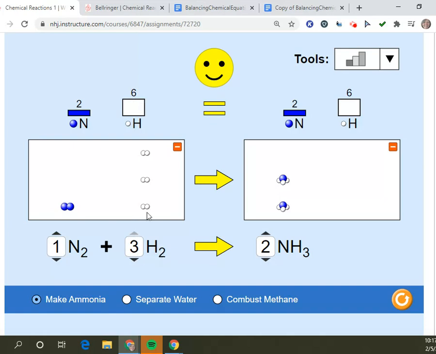So I can see that I would need 3 molecules of hydrogen gas in order to make 2 molecules of ammonia. So that's the whole point of these coefficients, is we have to show where did our atoms come from and where did our atoms go, because matter cannot be created or destroyed. And that is the conservation of matter, or conservation of mass law that we have to show when we balance chemical equations.